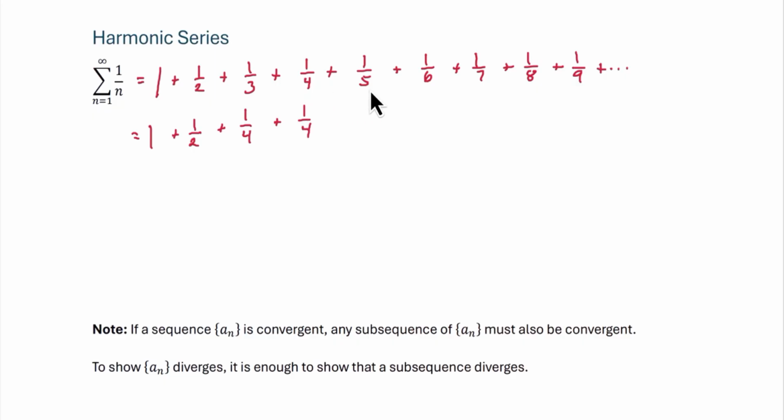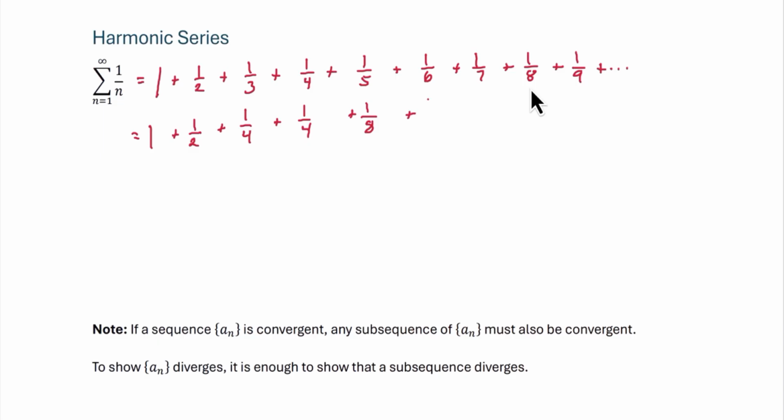And 1/5. We want to replace it with a number that is a power of 1/2, but also smaller than 1/5. That power is 1/8. So we can replace 1/5 with the smaller fraction 1/8.